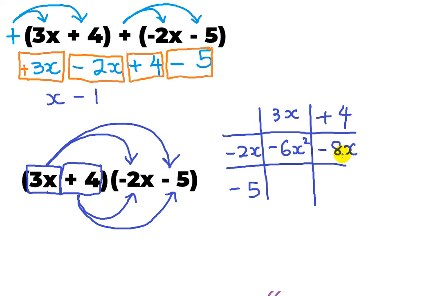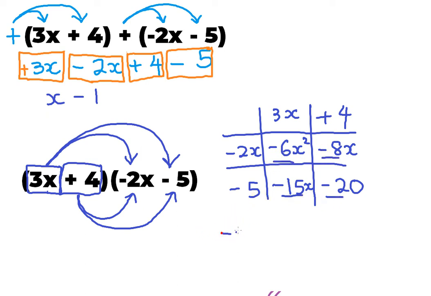Positive 4 times negative 2x is negative 8x. Can you see that I'm slowing down? Because we are humans, we make mistakes, so we need to check. 3x times negative 5, you can press on a calculator, you get negative 15x. And 4 times negative 5 gives negative 20. I need to copy and paste this exactly.